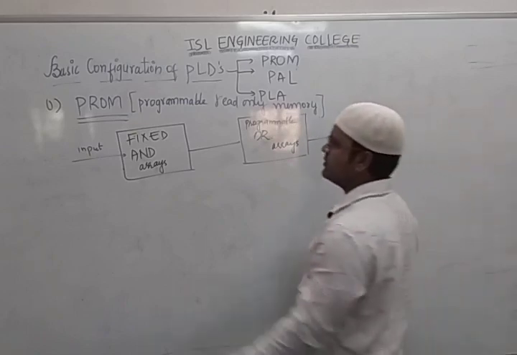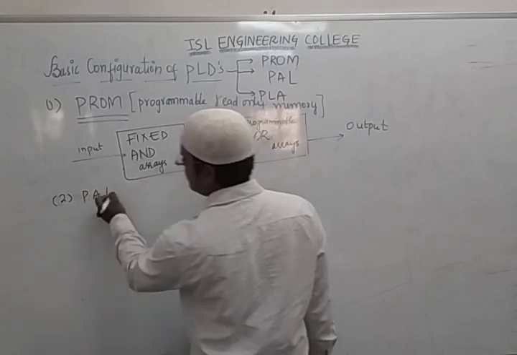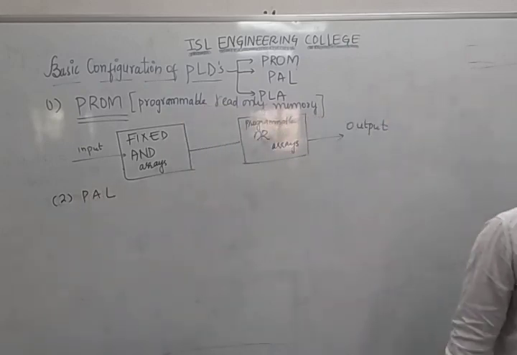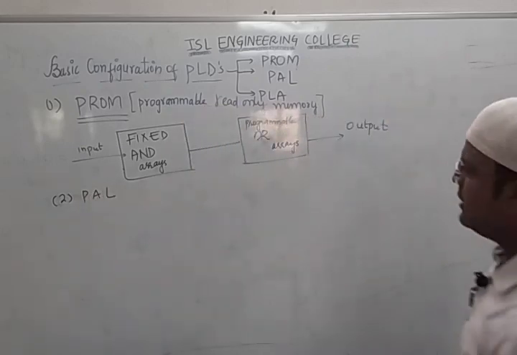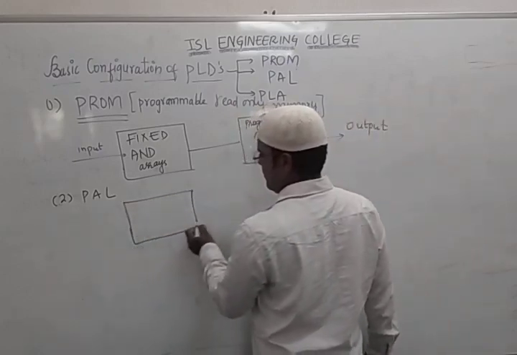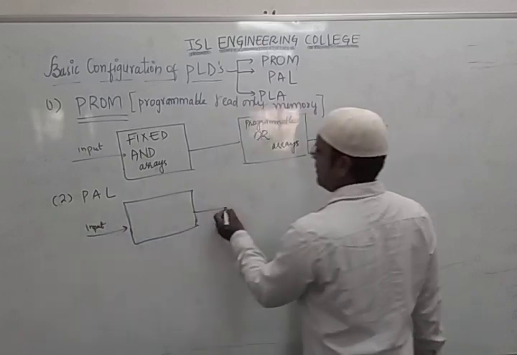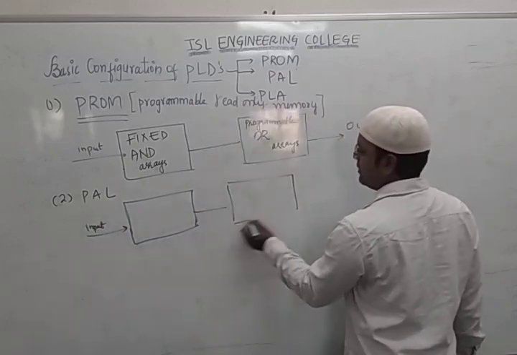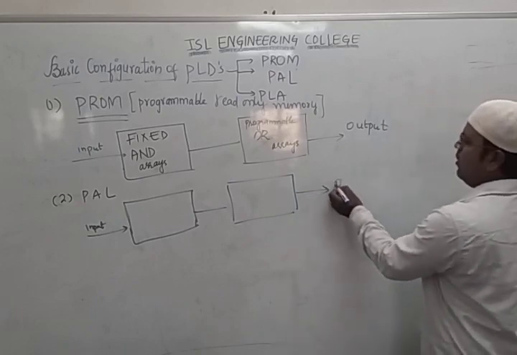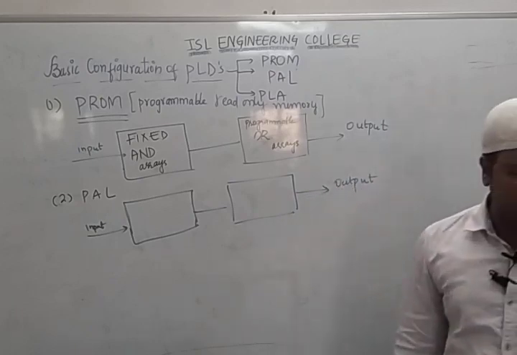Similarly, I'll proceed with the second part. What is the second part I have? PAL. In PAL, it's the same thing: I need to make blocks of it. I'll first make one block. The input I'm giving again, and I'm passing it through one more block to produce the output.